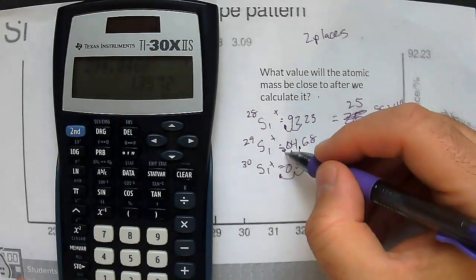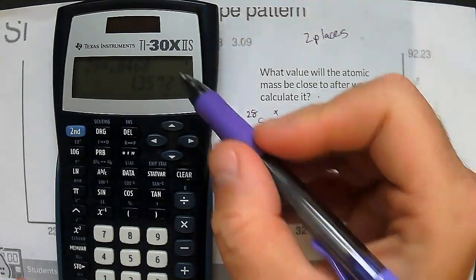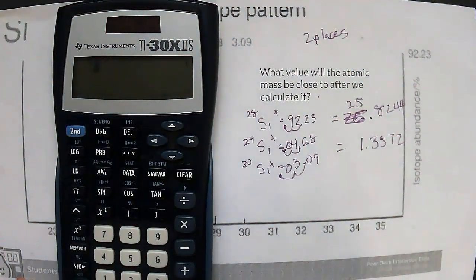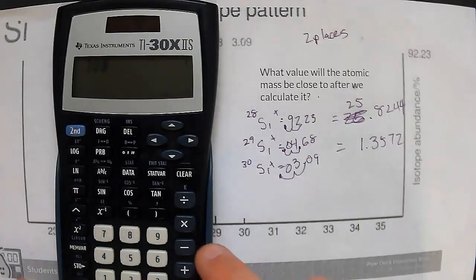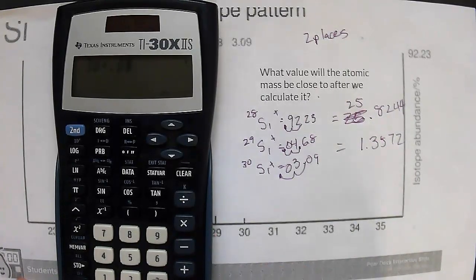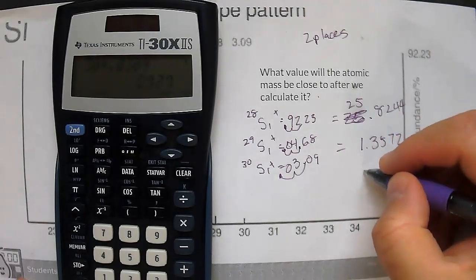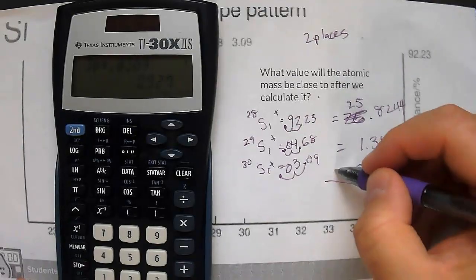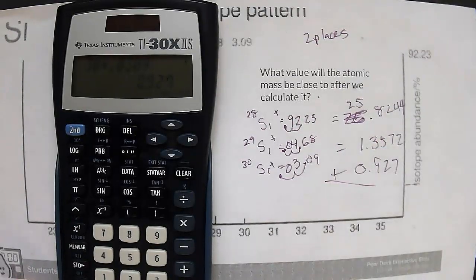Again, remember we moved the decimal point over 2 places, that's why we had 0.04. Now the next one is 30 times 0.0309, and we get 0.927. Now we're going to add all of these up.